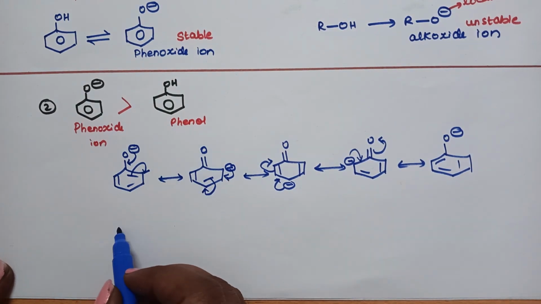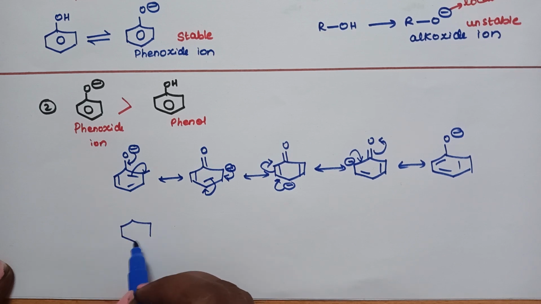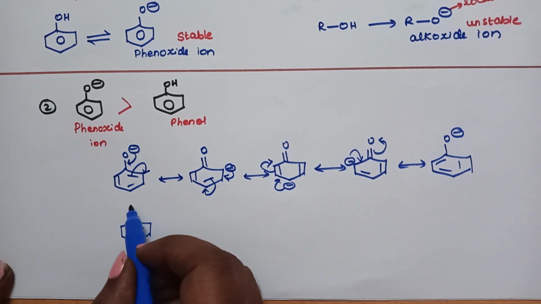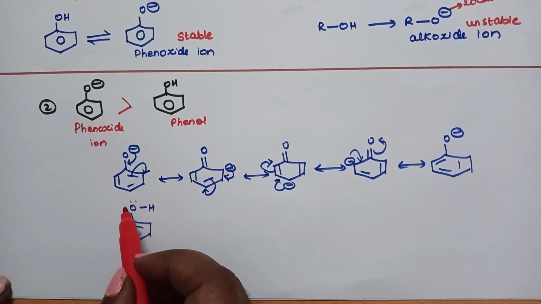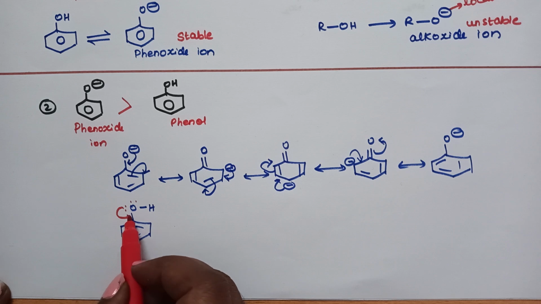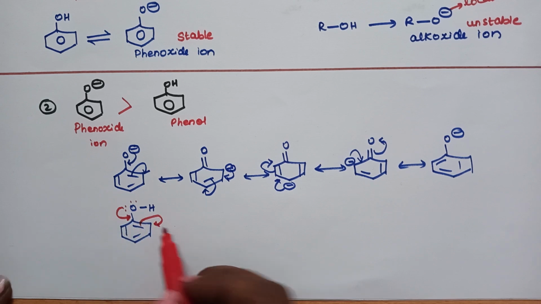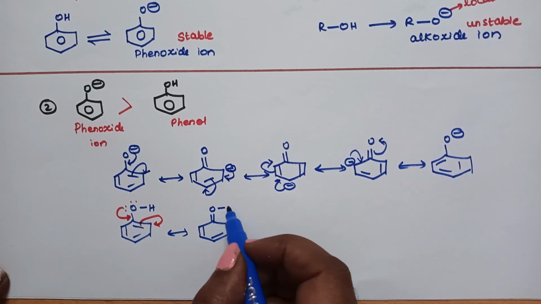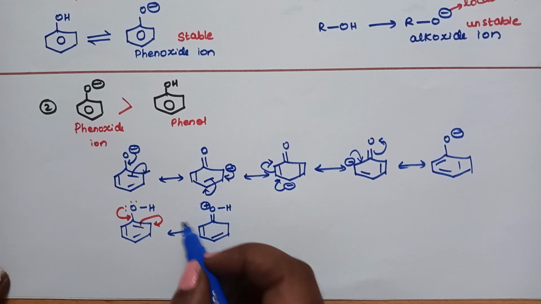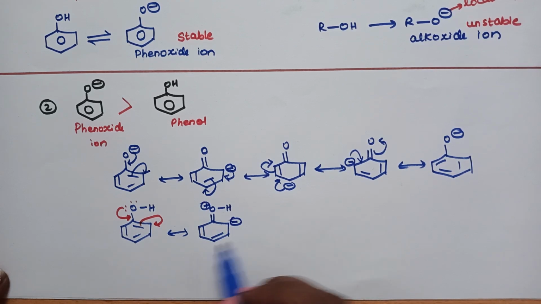Next we'll write for phenol. OH. On oxygen, two lone pair of electrons will be present. So shift one lone pair of electron here and this will move here. So you will get double bond OH, positive sign on oxygen and here negative sign.